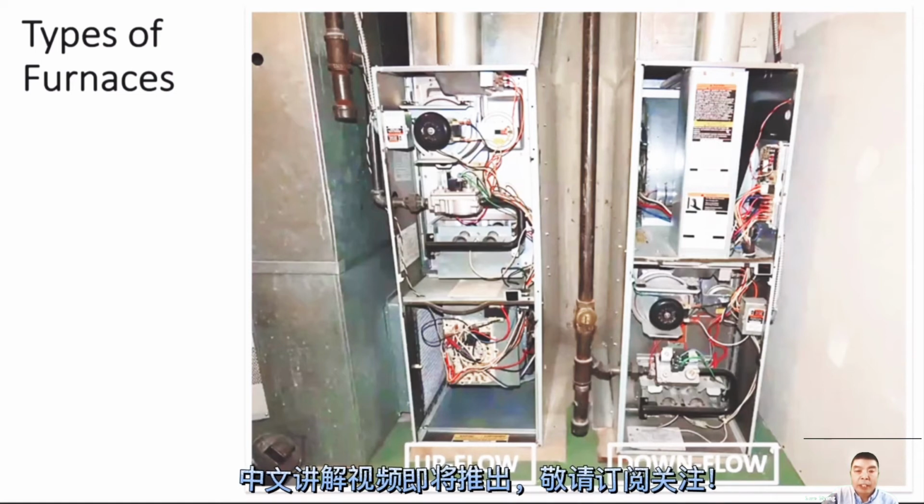After the inducer motor starts, the pressure switch will tell the control board the inducer motor is started, so we can go to the next step. If there's a pilot, we light the pilot. If it's a new furnace with no pilot, the igniter will glow and then light the big flame. That's normally the gas side control. The newer furnace has more safety control, and we will talk about this later.